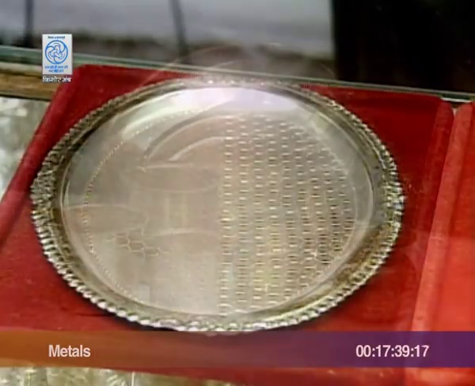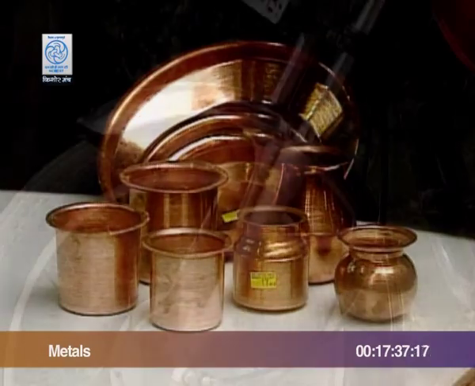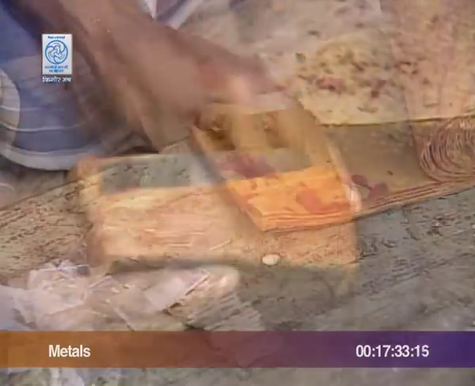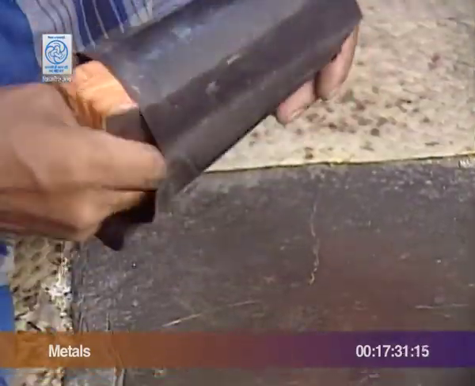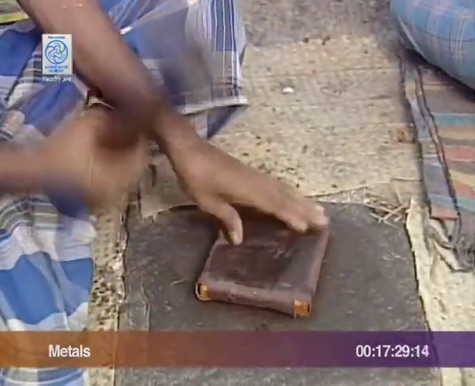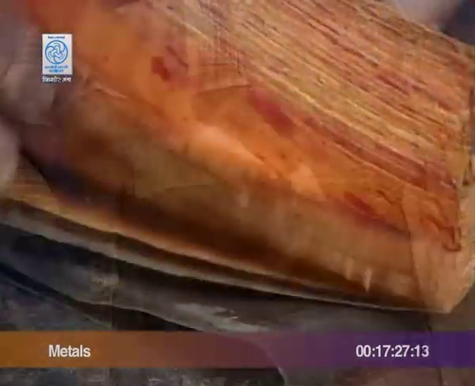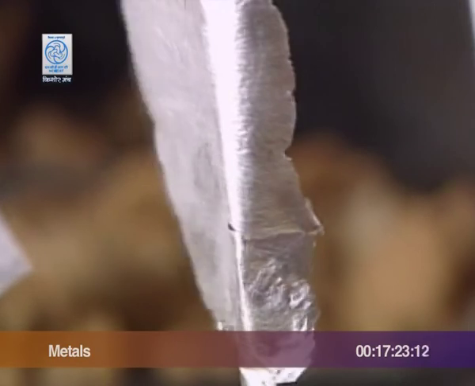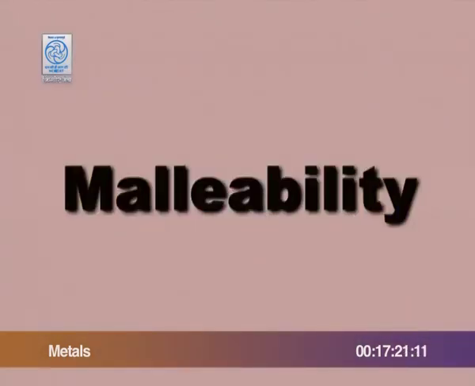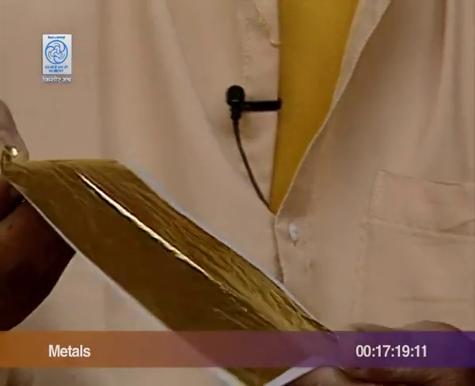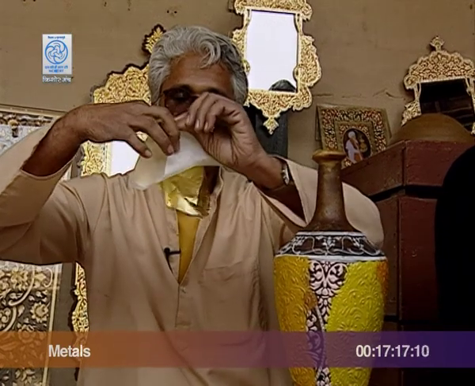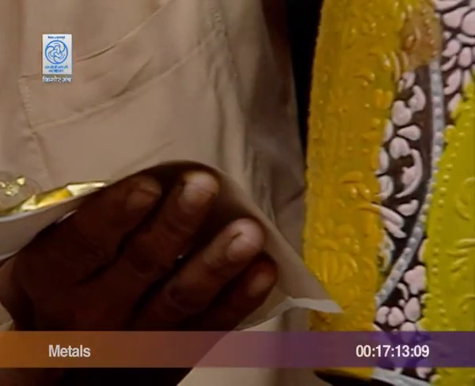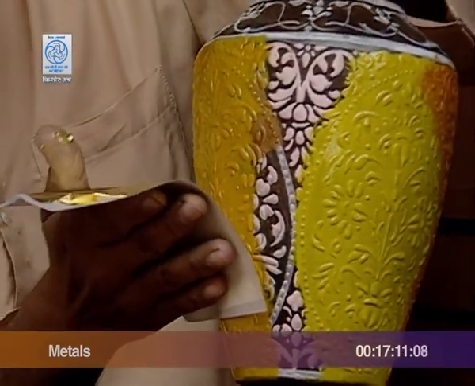All metals are lustrous, that is, they shine and glitter. Some metals can be beaten into thin sheets, even as thin as tissue paper. This property of metals is called malleability. Gold and silver are the most malleable materials.